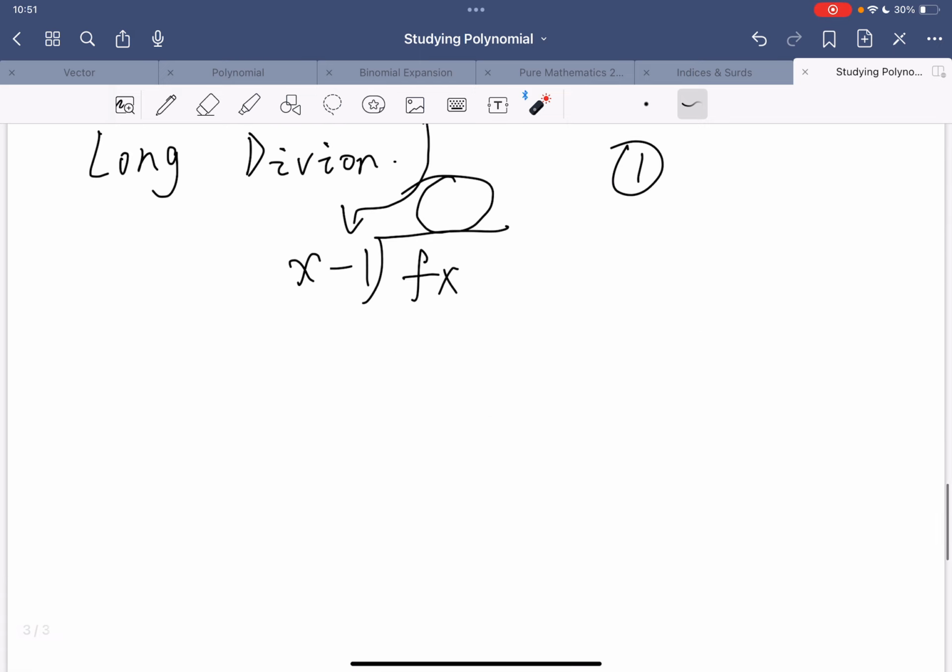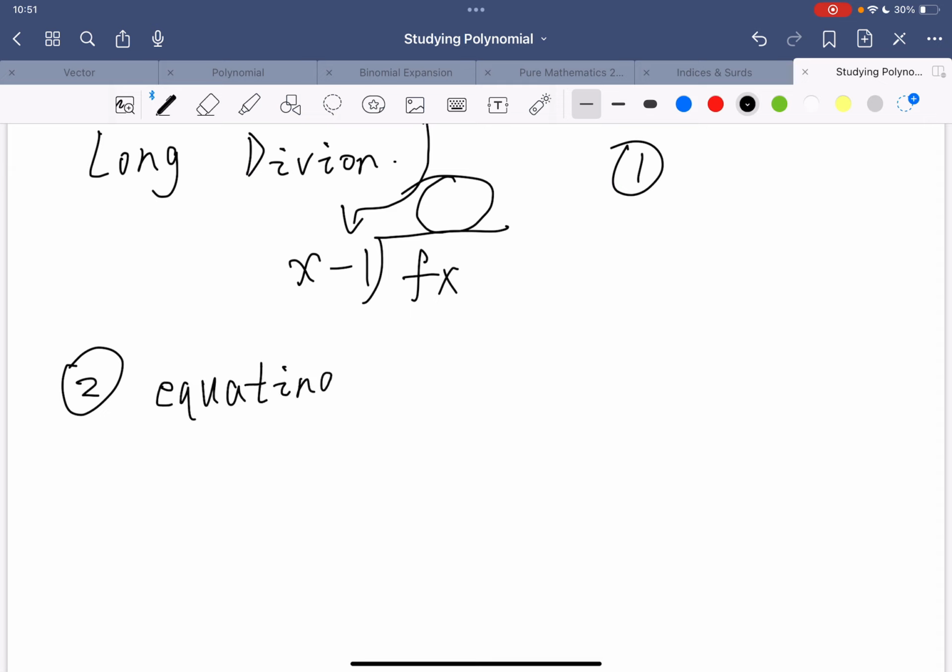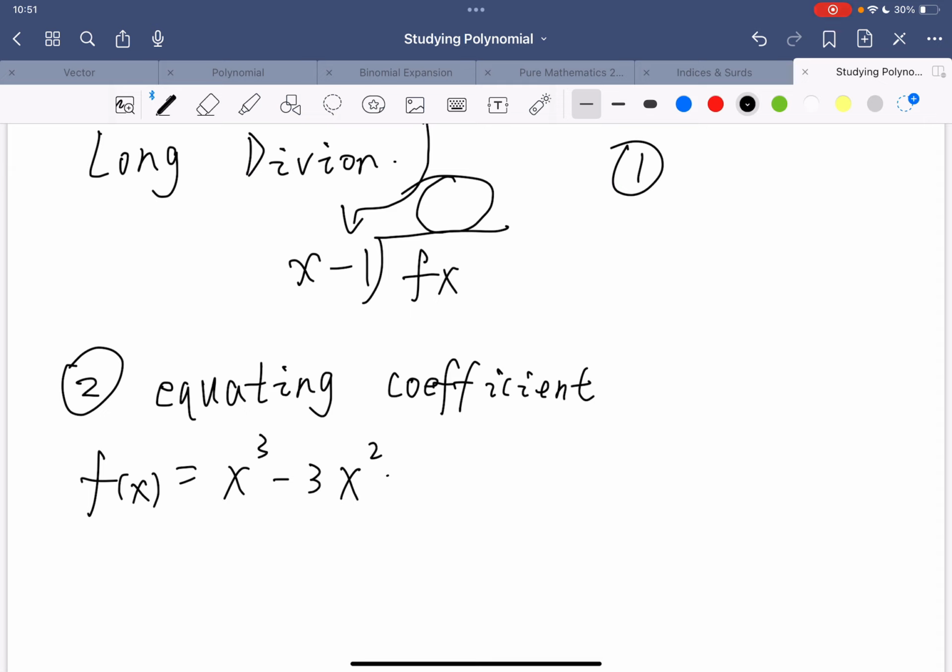And there is another method, called equating coefficients. You can use either of them you like. How can we use equating coefficients to solve this problem? Well, f(x) equals x cubed minus 3x squared minus 13x plus 15.